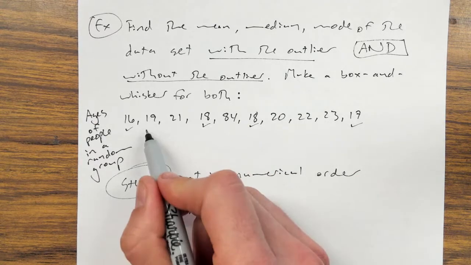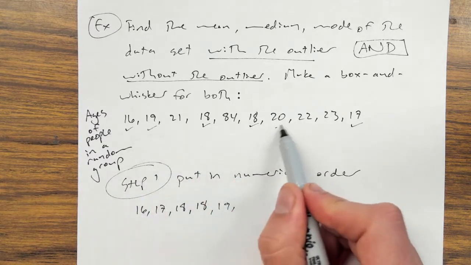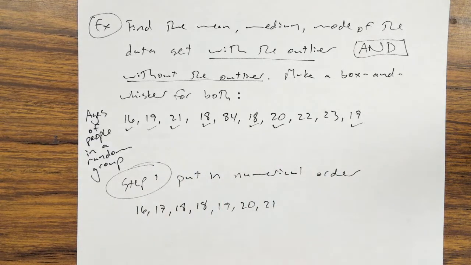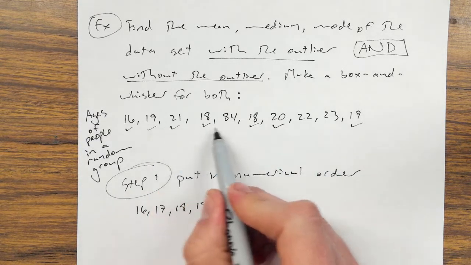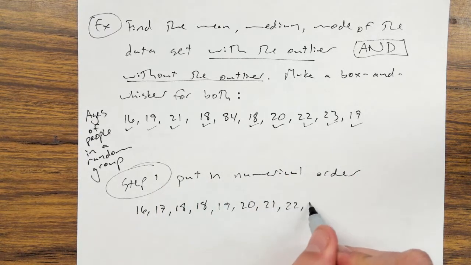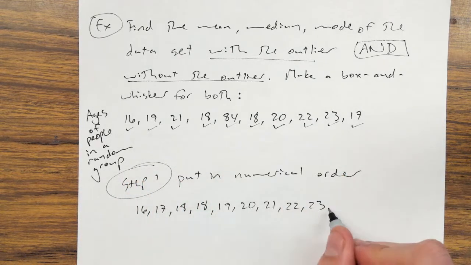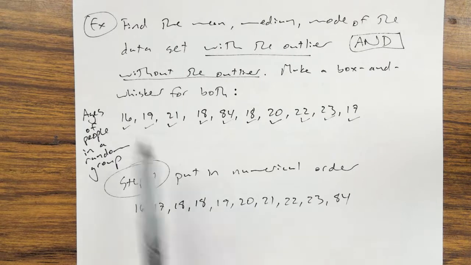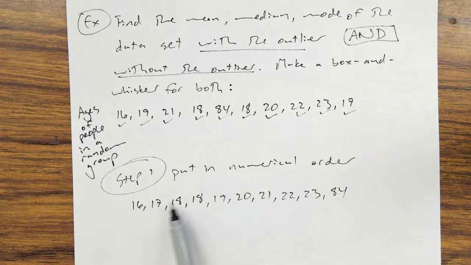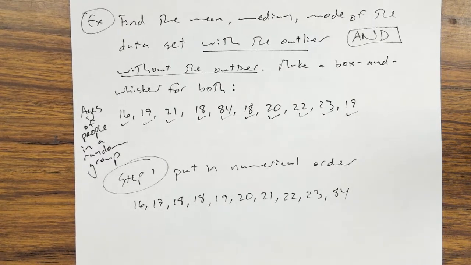And then there's this 19 with this 20 and 21. And then there's this 22 and 23. And then after 23, there's the 84-year-old. All right, 1, 2, 3, 4, 5, 6, 7, 8, 9, 10. It's always good to count to make sure you didn't miss or skip any numbers.